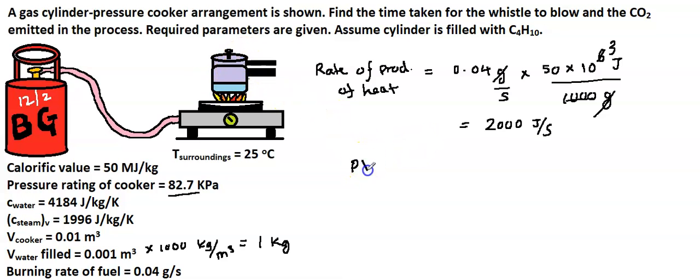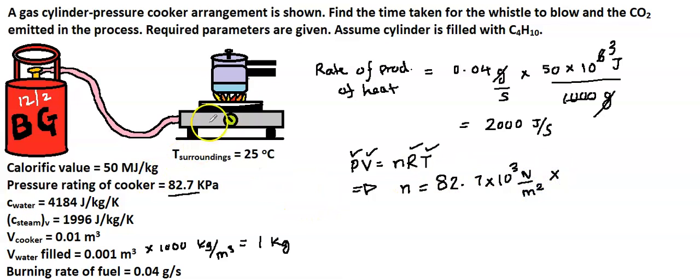So let's just say, I'm going to assume the steam behaves as an ideal gas. Okay, so we have the pressure, which is the pressure rating I'm assuming. You know the volume. I'm assuming it's going to happen at 100 degrees Celsius. And we know all of this. So we can find how much steam there should be for the pressure rating to be reached at 100 degrees Celsius. Correct? So n is PV by RT. So P is, oh, and keep your calculators ready, 82.7 times 10 to the power 3 pascals.